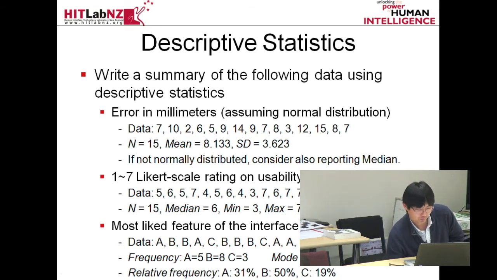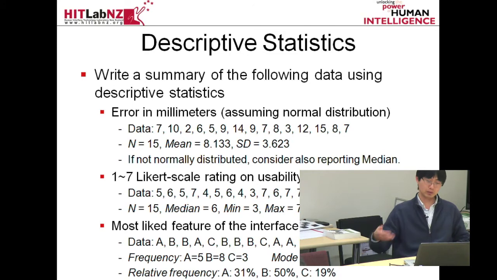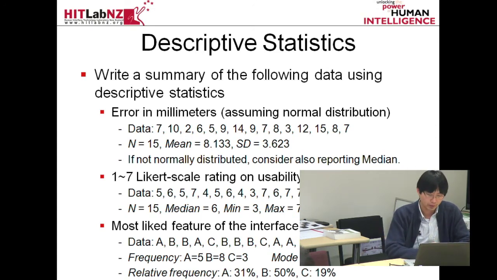So if that data was collected by asking people which interface they prefer, then you can say most of the people preferred interface B. And instead of reporting the raw frequency value, such as 5, 8, or 3, you can also report relative frequency, which is basically a percentage of the whole number of samples. That could give a little bit more of a picture of how much of each choice was made out of the whole sample.